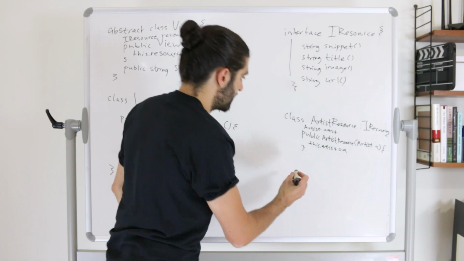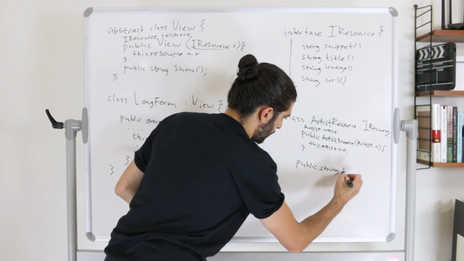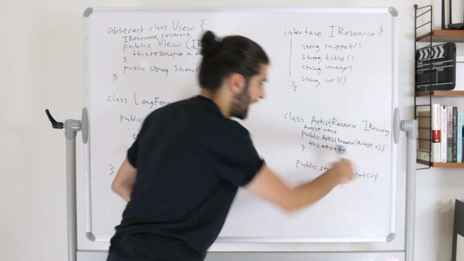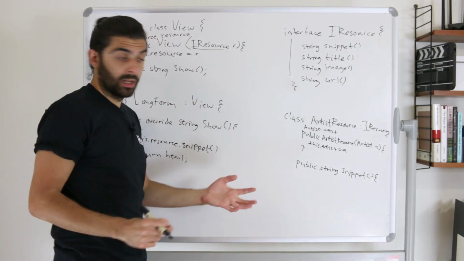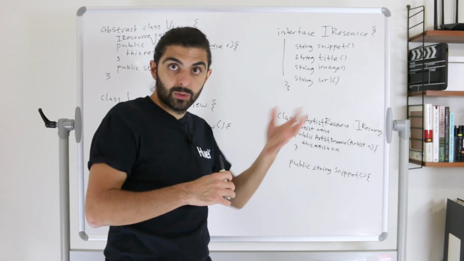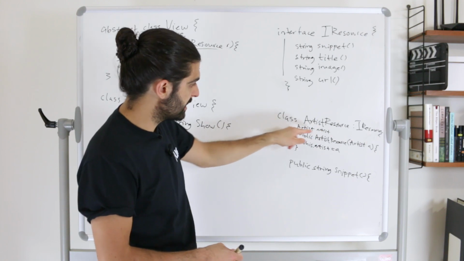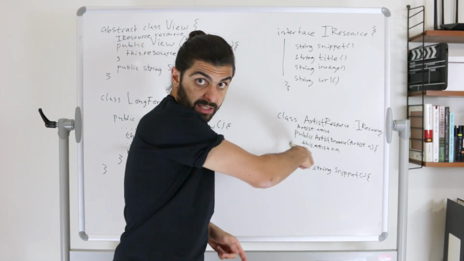So let's only do snippet. So we would say public, it needs to return a string, and it's called snippet. It takes no arguments, and it has some implementation. And what's the implementation? Actually, we talked about this implementation before. The snippet method simply delegates to the underlying artist. So it has an artist here as an instance variable that we got passed in through the constructor.